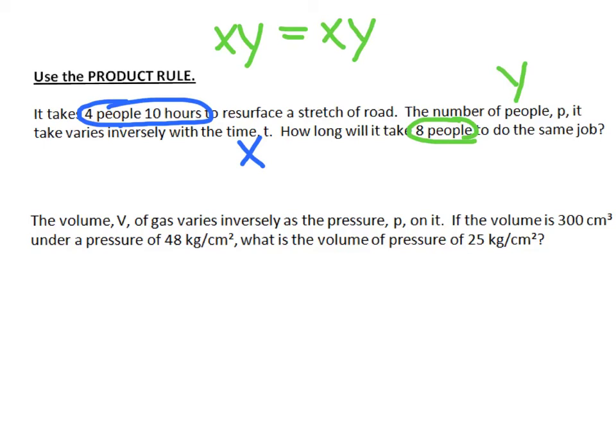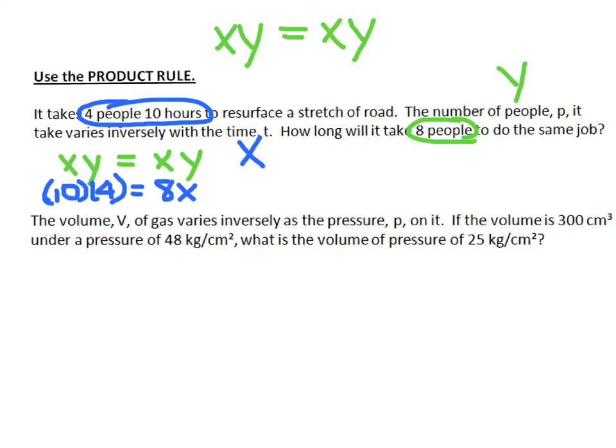So first thing I do is I set up our product rule, x times y equals x times y. Well, in the first part, I have 10 times 4 equals, here I know that the y value is 8, and I don't know what the x value is.